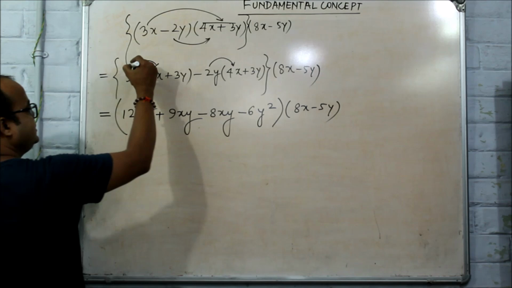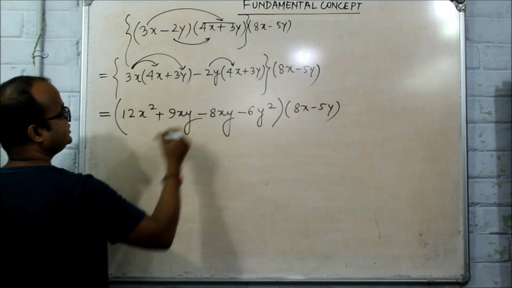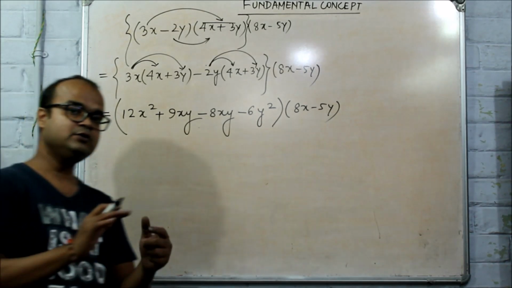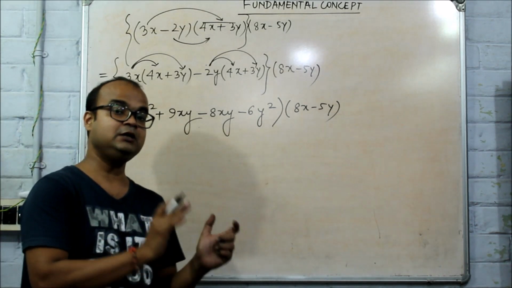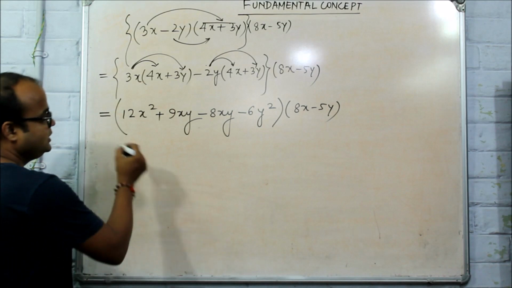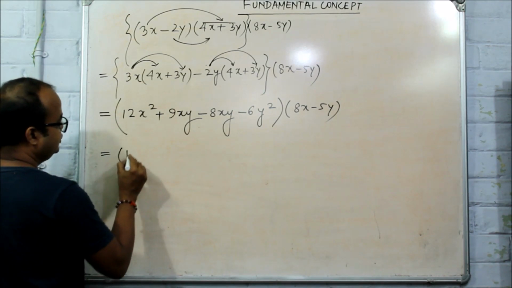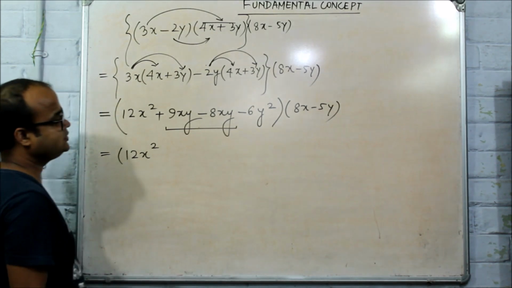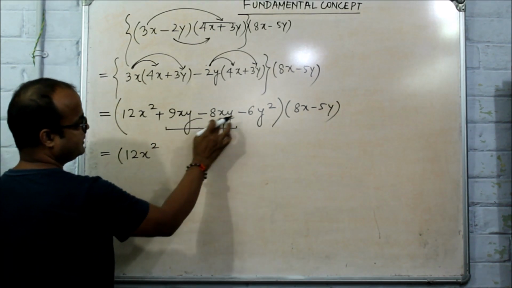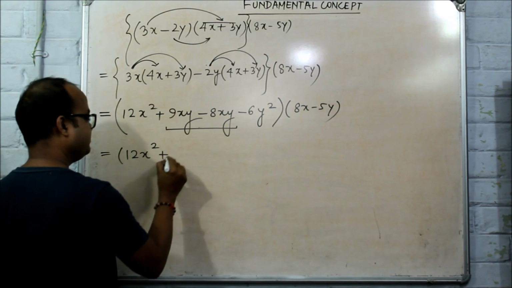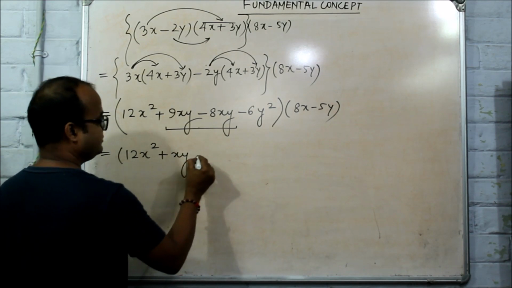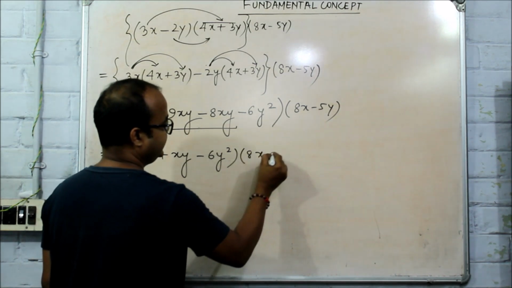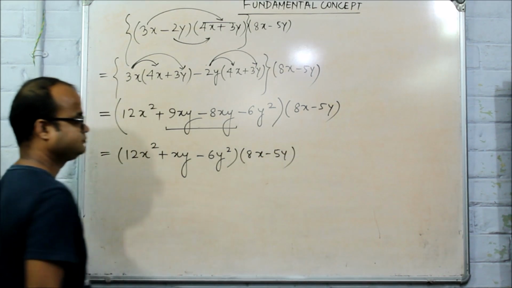We multiply 3x with 4x, 3x with 3y, 2y with 4x and 2y with 3y, like the way we did it in the monomial multiplied by binomial. Now we simplify this one. So 12x square, these two are like terms. So if you simplify, 9xy minus 8xy is plus xy, minus 6y square multiplied by 8x minus 5y.